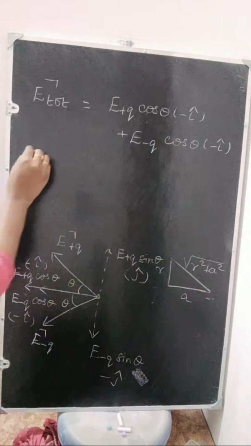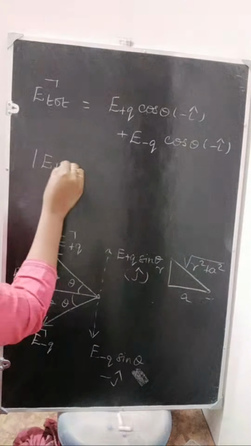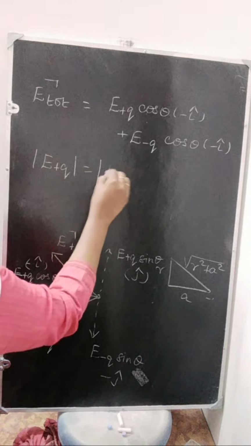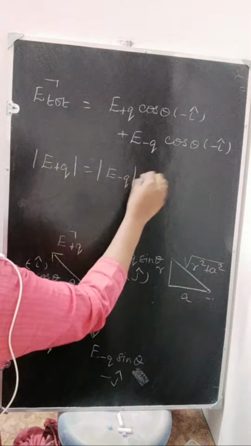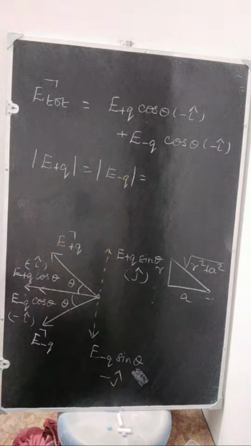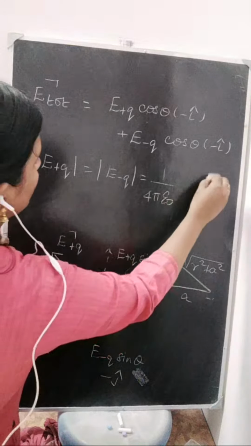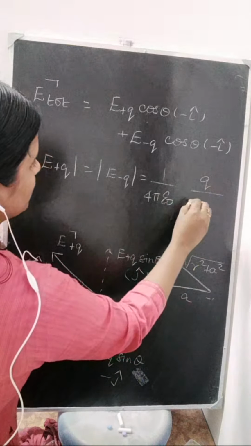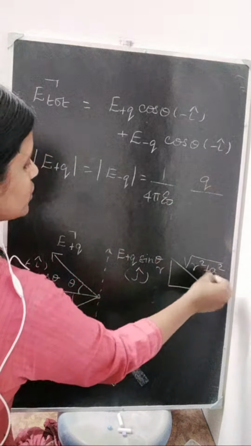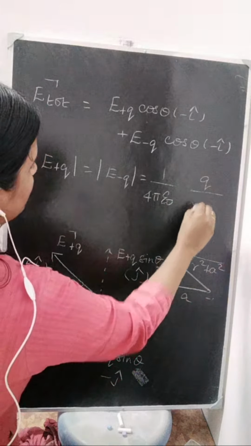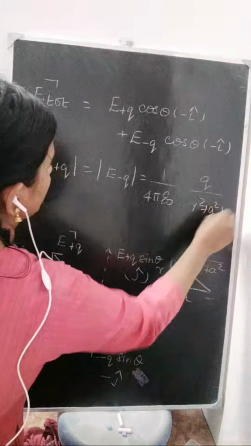When the distance remains same, the magnitude remains same, which is E plus Q and E minus Q will be equivalent to, go to the formula. What is the formula? 1 by 4 pi epsilon naught Q divided by, what is the distance? Root of R square plus A square. If you take the square, you will get R square plus A square.